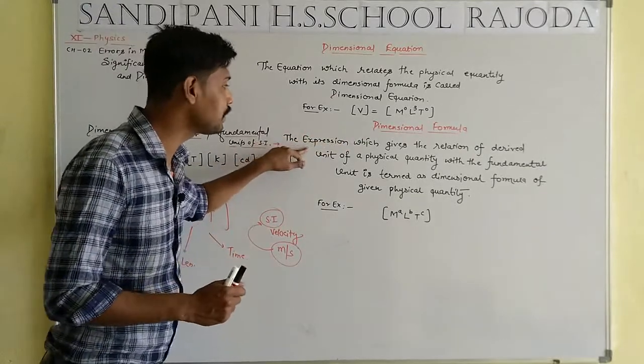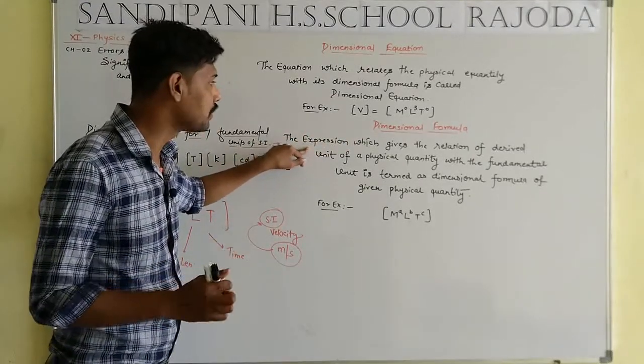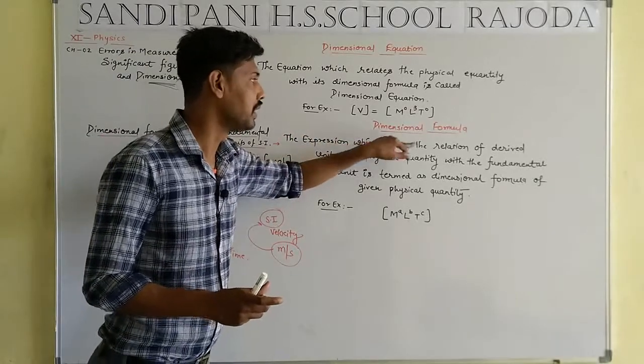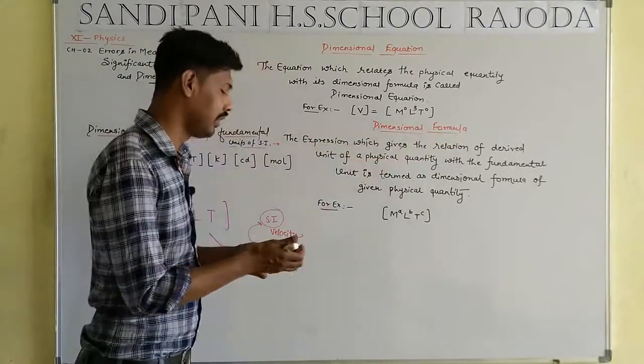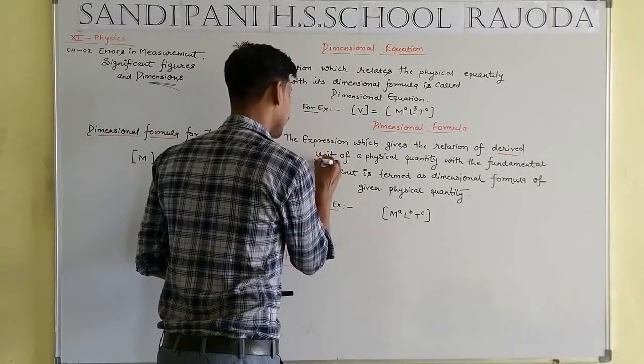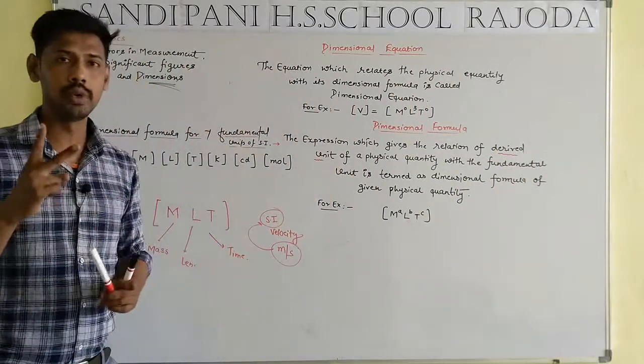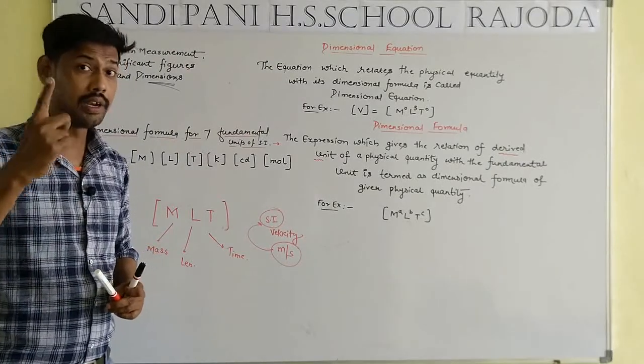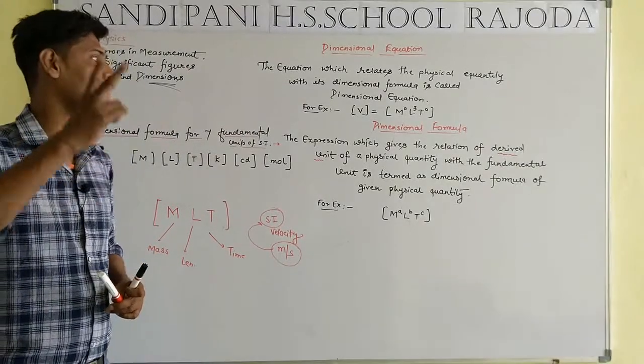That means the expression which gives the relation of derived unit. Which unit is derived? In the last lecture we defined that units are basically divided into two categories. First one is fundamental and second one is derived units.